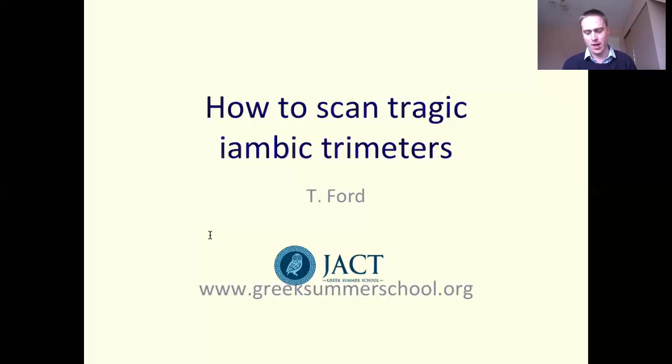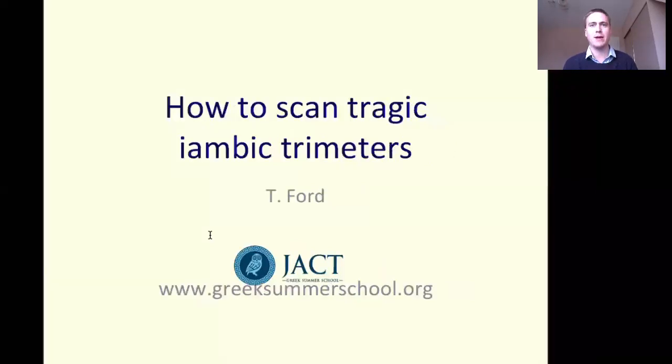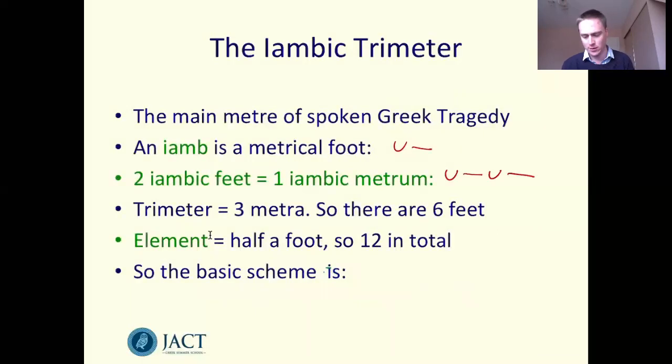And trimeter means 3 times the meter. So we're going to get 3 of these, more or less. So we have 3 iambic metra, 6 iambic feet, and we also have elements. Elements are half feet. So there are 12 elements in a line of iambic trimeter.